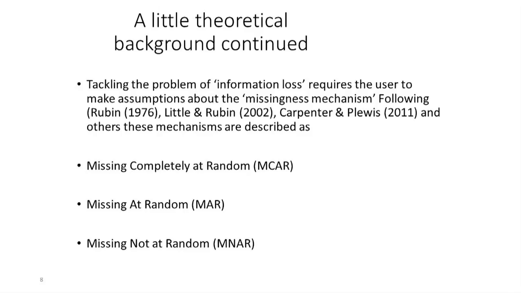And finally, missing not at random, where a missing item of information is related to variables or characteristics that have not been observed. So it's a mysterious process as to what's driving the missingness.